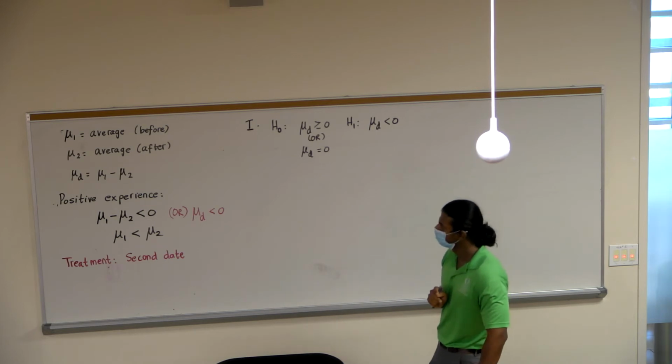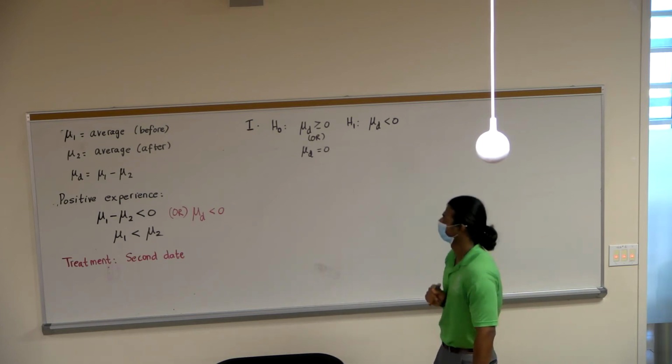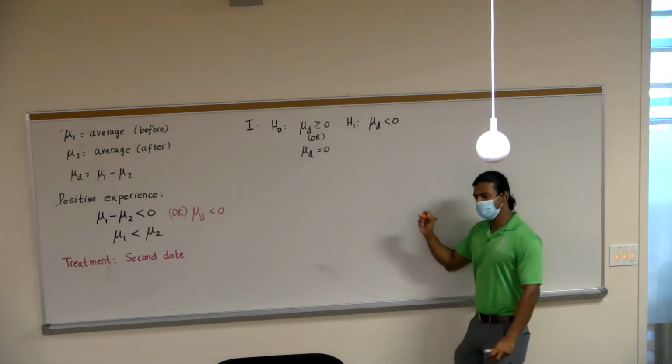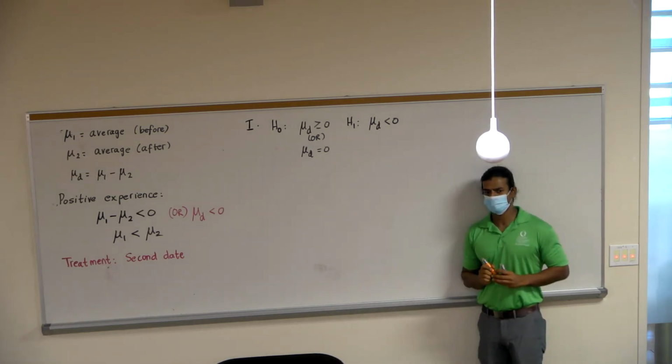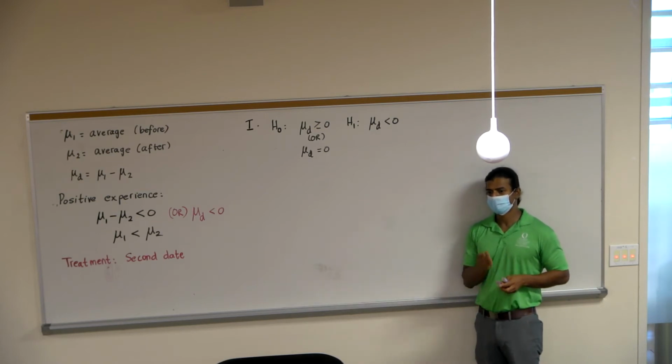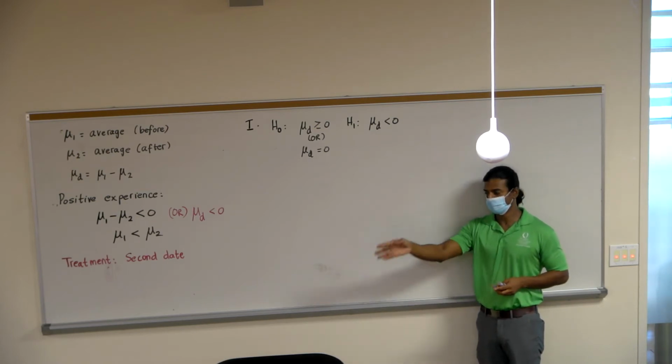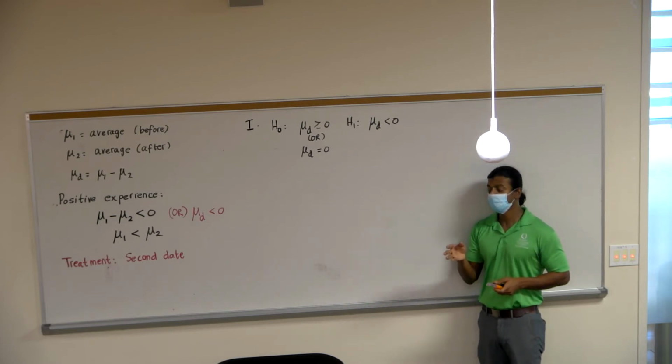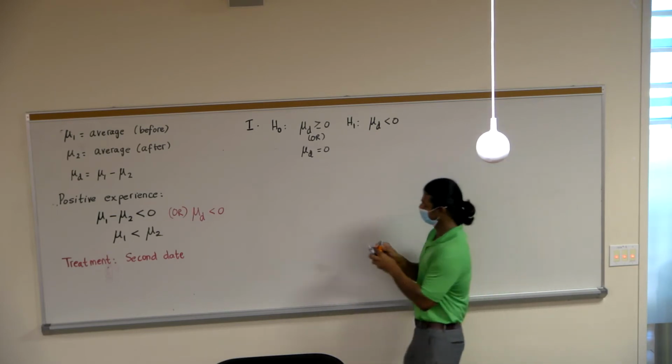Mu sub d is the difference, right? Yes. The difference in the averages. So you look at that and you can tell me what type of test we are about to perform. Right tail, left tail, two tail. Left. Left tail.